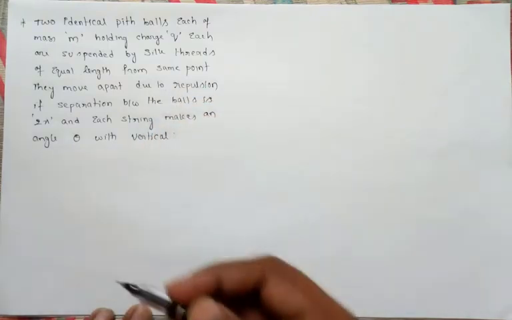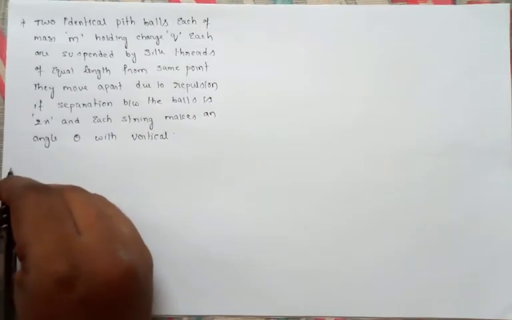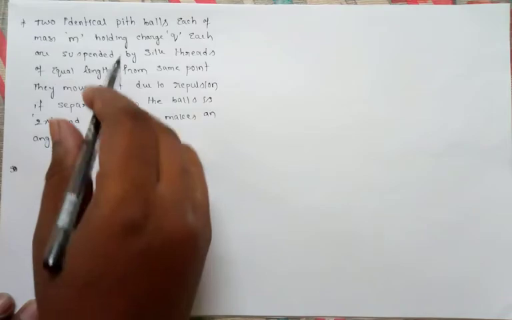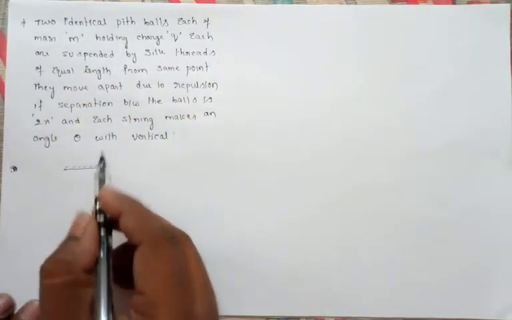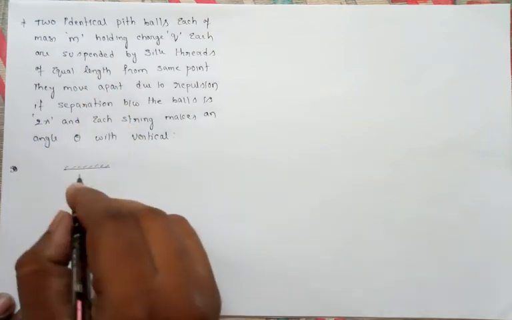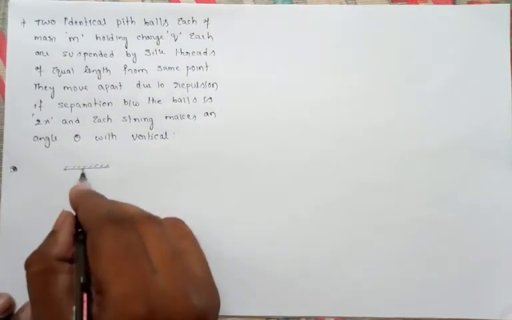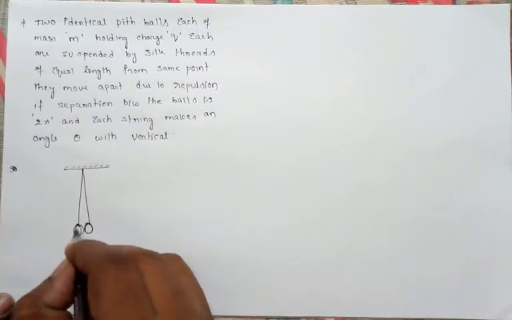Here, what questions they may ask you in this concept will be discussed. Now we'll go for this concept. Diagrammatically, I will show you. First, take a rigid support, and two pith balls, each of mass m, are hanging like this. If the charge was not there, they would hang like this.